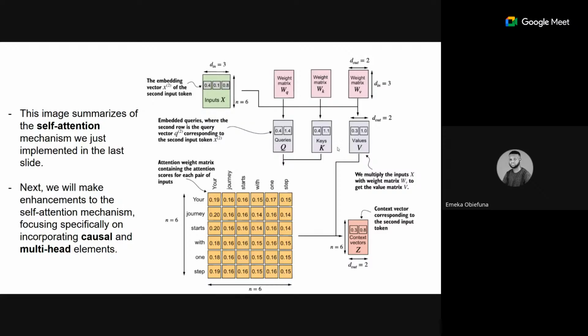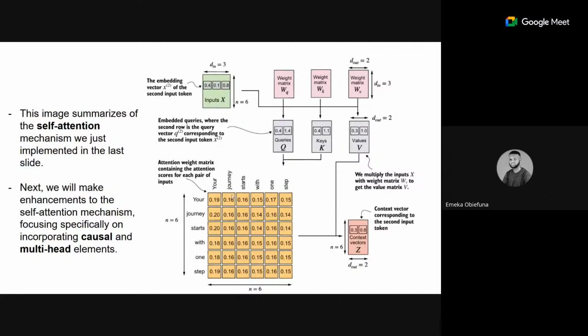And for us to get the attention weight, we have to take this value that we've gotten and multiply that with the value vector that we have. Once you've gotten your query vector and your key vector, you compute your attention weight matrix.